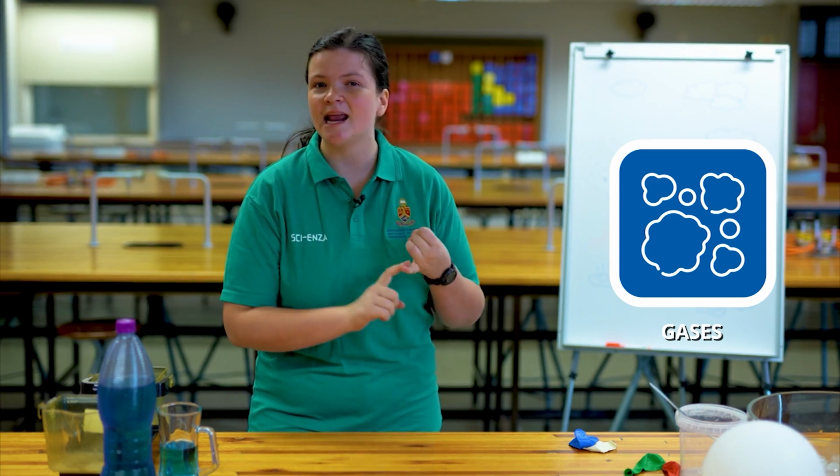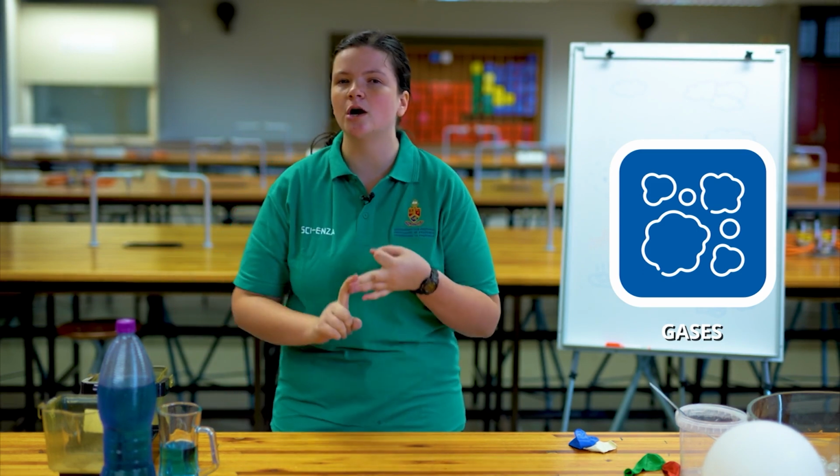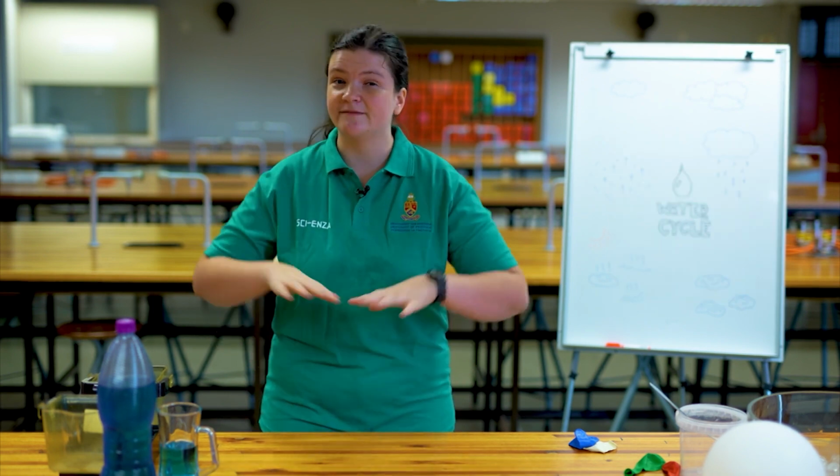Now we move on to the trickiest state of matter: gas. The problem with gas is that most gas, like air and oxygen and carbon dioxide, the gas we breathe out, they're all invisible. So if they're invisible, how do we know that they have mass and they have volume? Well, let's go back to the scale.